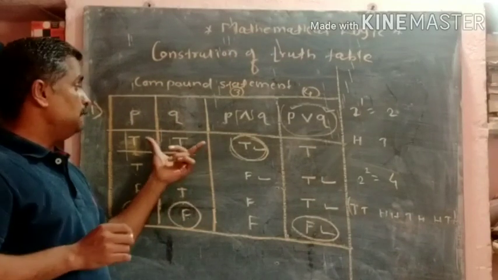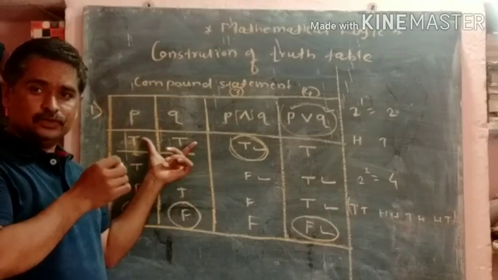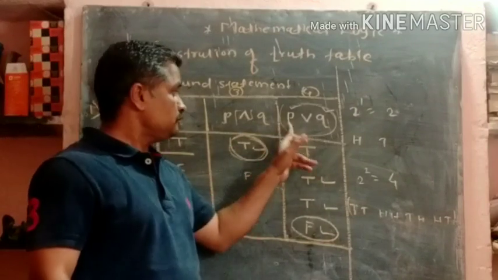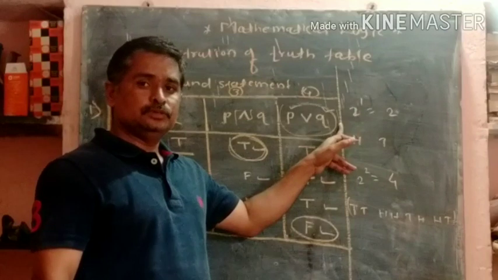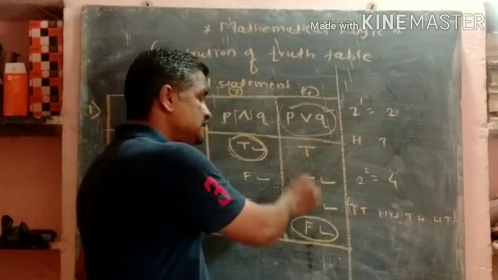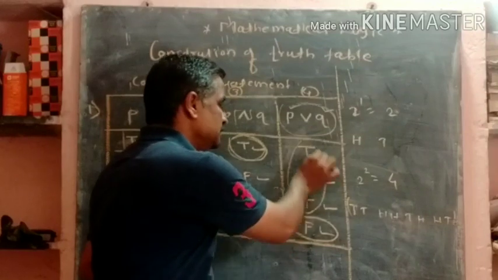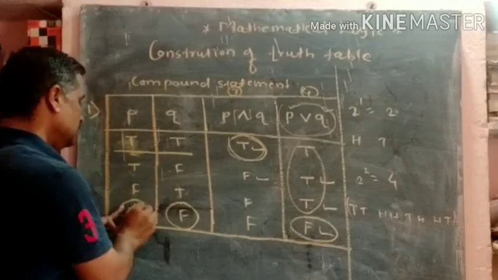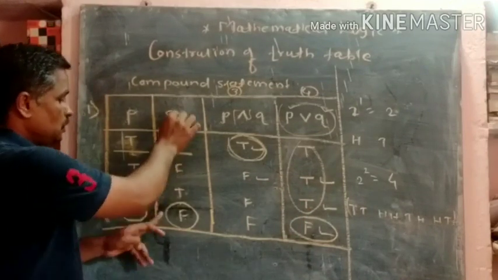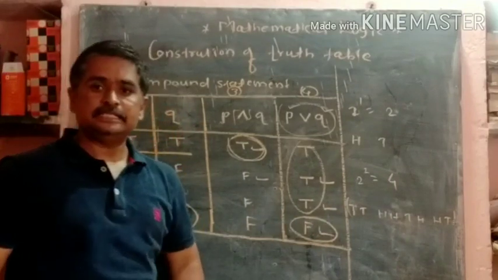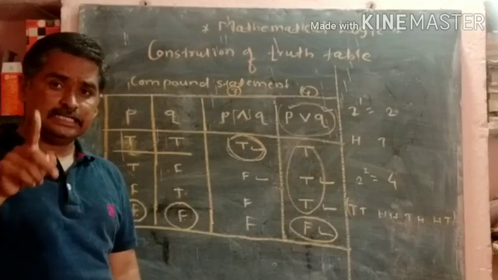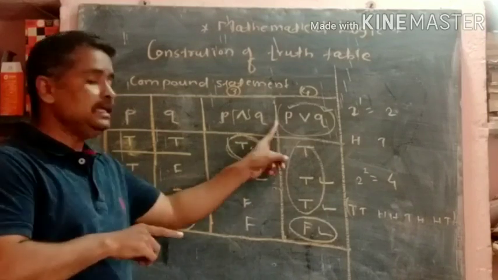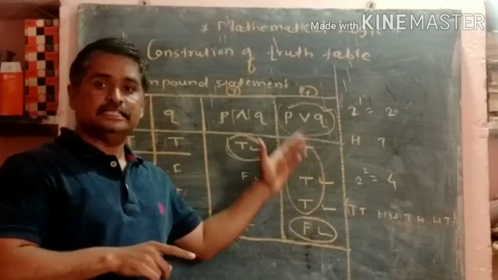In a conjunction, if both statements have truth value T, then the conjunction has value T, otherwise it is F. In a disjunction, that is P disjunction with Q, it is mostly T. Observe this: T T T, F T, T F, T. If P has value F and Q has value F, then it is F. That means in a disjunction, if both values are F, then P disjunction Q is F, otherwise it is T.